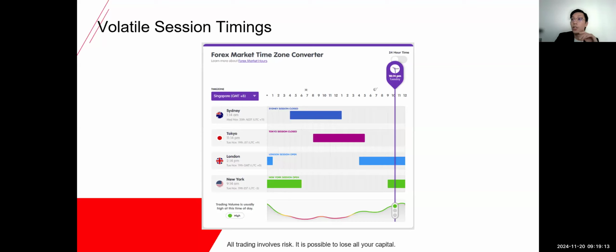ORB is for the Asian session, and ICT silver bullet is for London. There's another one for New York, but you can do your own research. Let me know if you want me to go through this another time. These are just certain examples that you can explore.